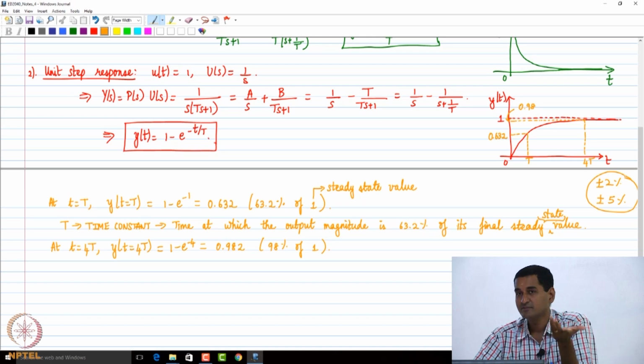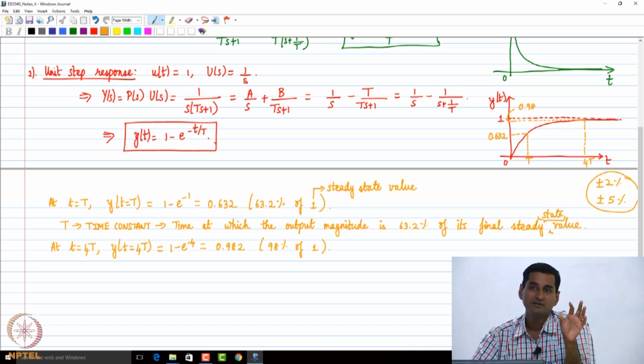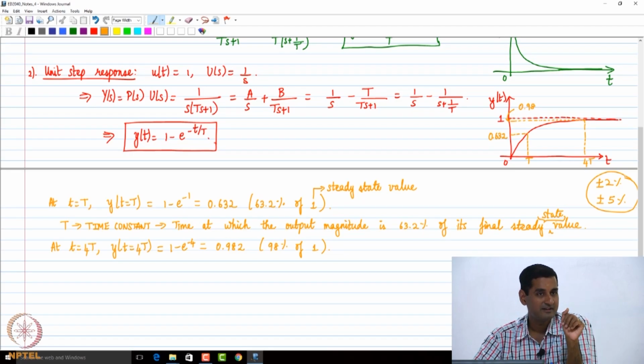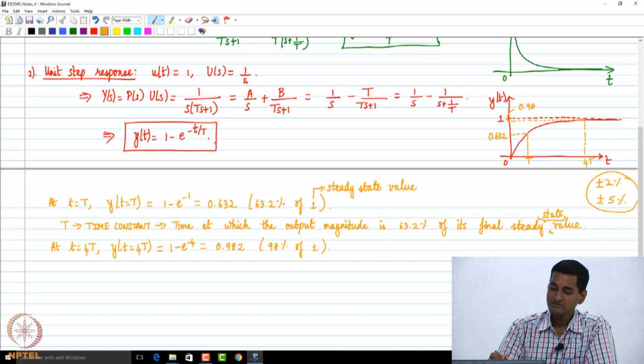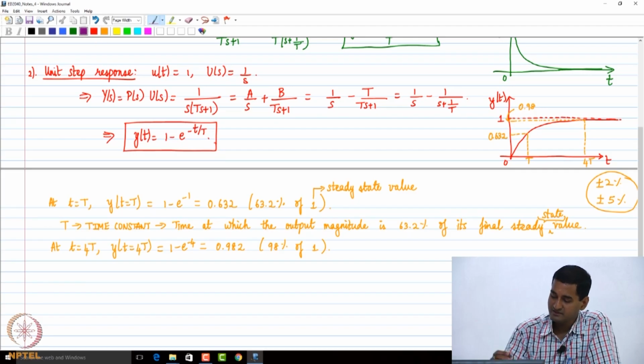So if I say plus or minus 2%, in this particular case I am asking when the output will come to 98% of the final value, right? And that happens to be 4 times the time constant, and this parameter is what is called the settling time, okay.